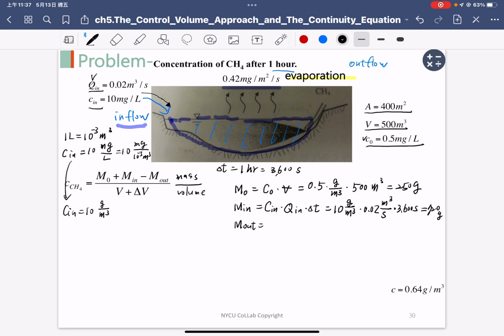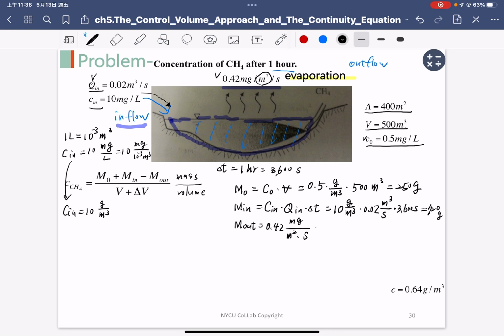And what is the outflow? The outflow mass is caused by the evaporation. The evaporation defined here is related to the area, since different areas will control different evaporation speed. We know the evaporation rate is 0.42, and the unit is mg divided by m squared divided by second, right?